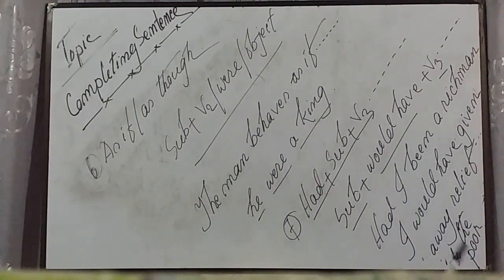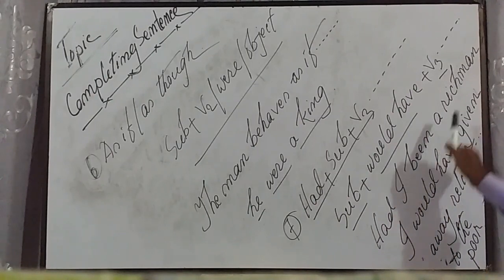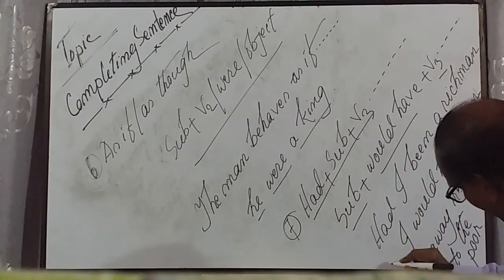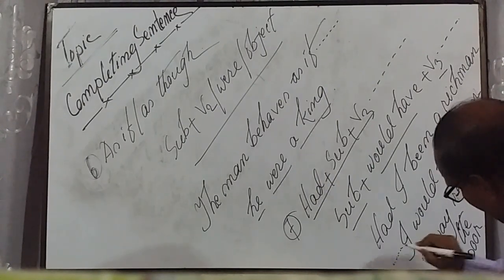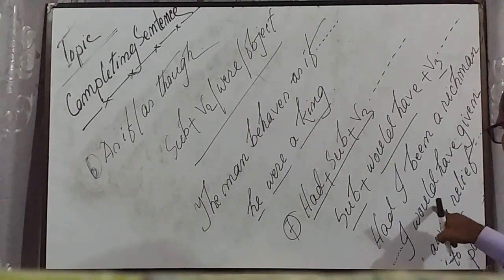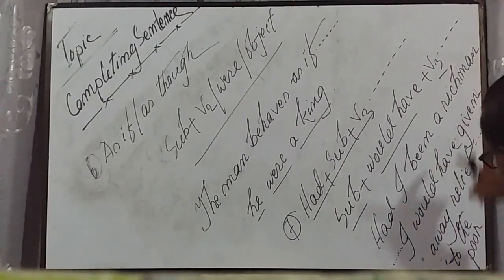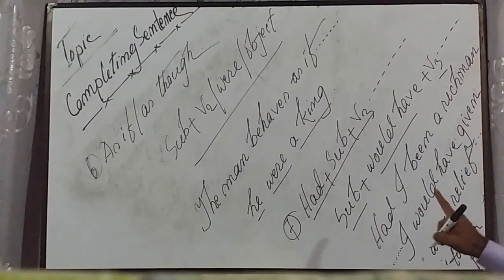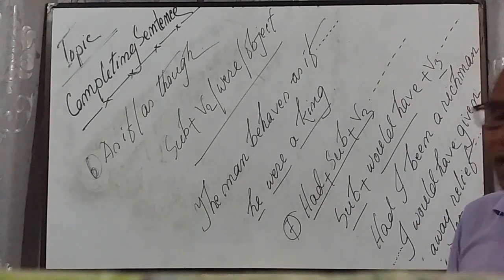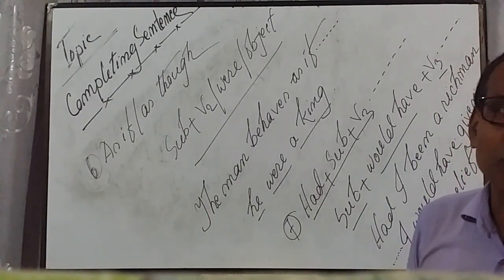That means, had I been a rich man, then you have a gap, and in that very gap, you have to bring subject, then would have, then B3, then extension. It means that actually I am not a rich man, and I cannot give anything to the poor people.